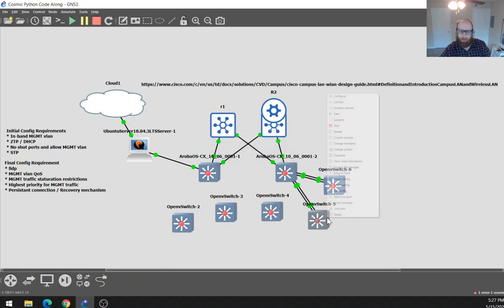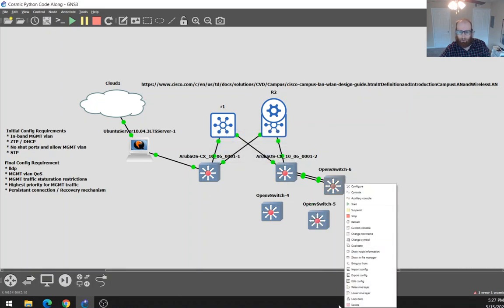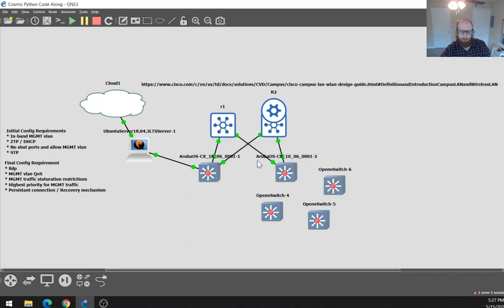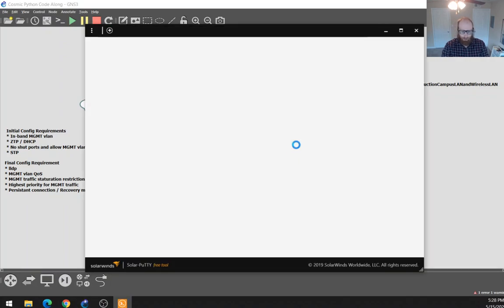Okay, so let's think about that ratio. We want a ratio that is no greater than 20:1, and then a ratio of 1:1 or less is just not necessary. So let's take a look at what we've got on our Aruba OS CX boxes here. Now I'm looking for hopefully 10 gig ports.